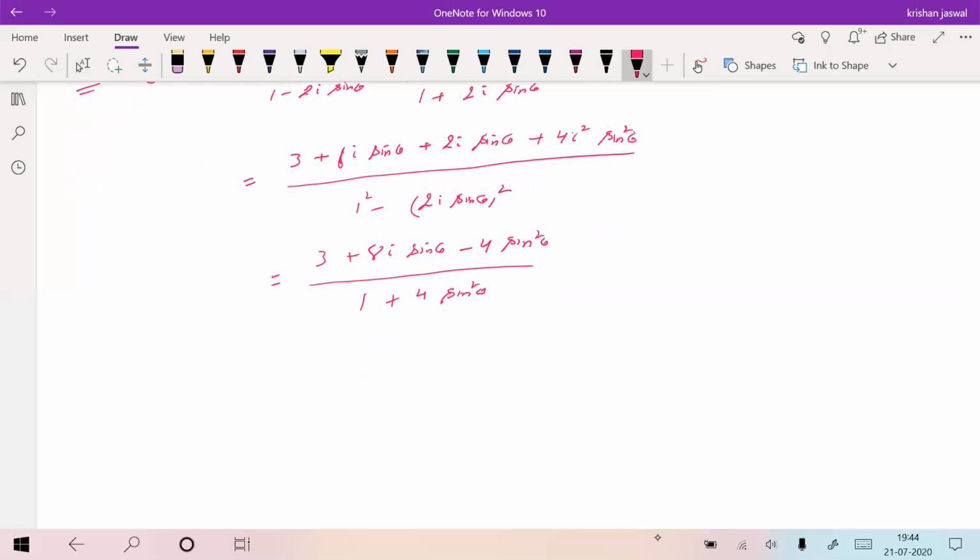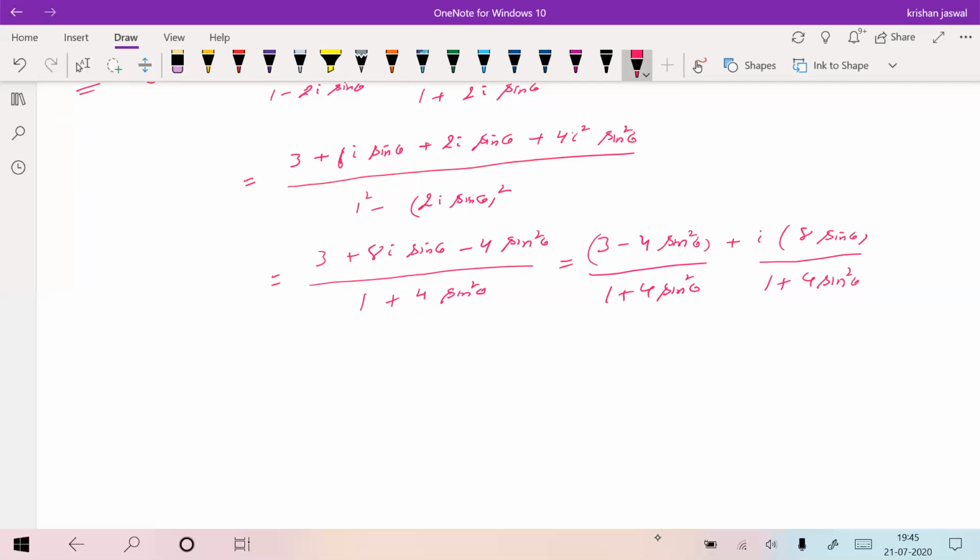Which is equal to, separating real and imaginary parts, (3 minus 4 sine square theta) over (1 plus 4 sine square theta) plus iota times 8 sine theta over (1 plus 4 sine square theta).